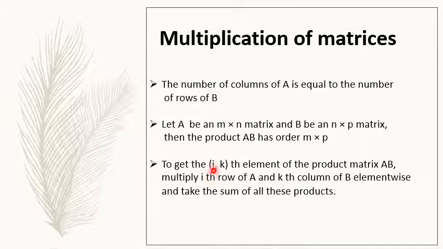That is, to find the first element in the first row, A11 in AB, we multiply the first row of A with the first column of B element wise, and take the sum of all those products. Then we get the A11 element in AB. So we can discuss an example, then it will be more clear to you.